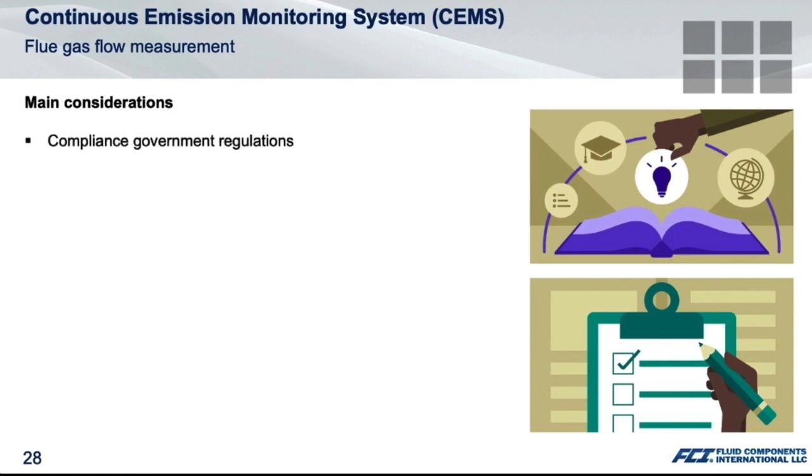We have categorized 5 main considerations concerning the selection of a flue gas flow measurement. First, you have to make sure that it complies with your local government regulations. Depending on the area where you are located and the local regulations, these will vary. We will share the 2 key components of these government regulations.